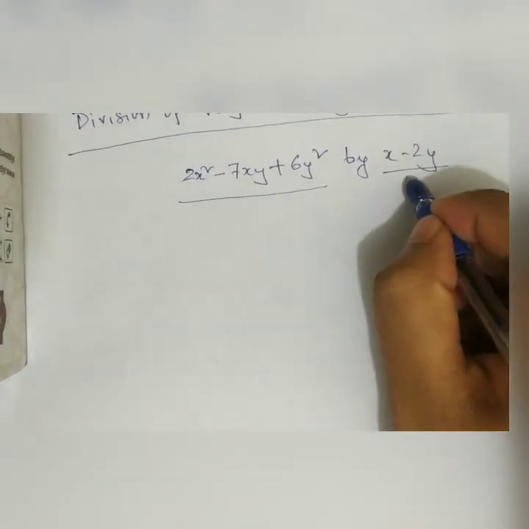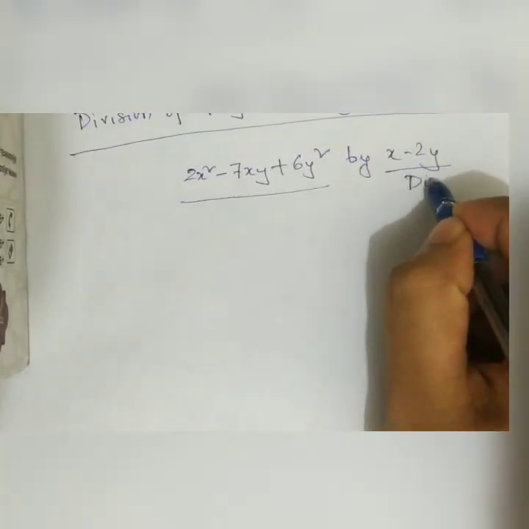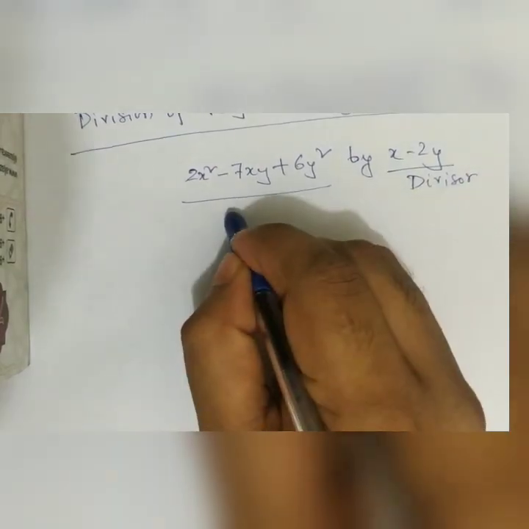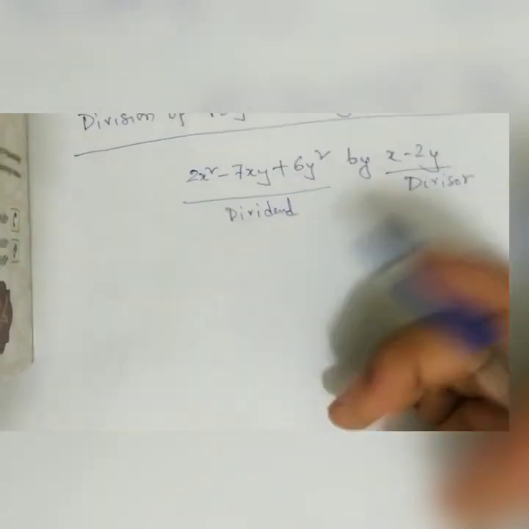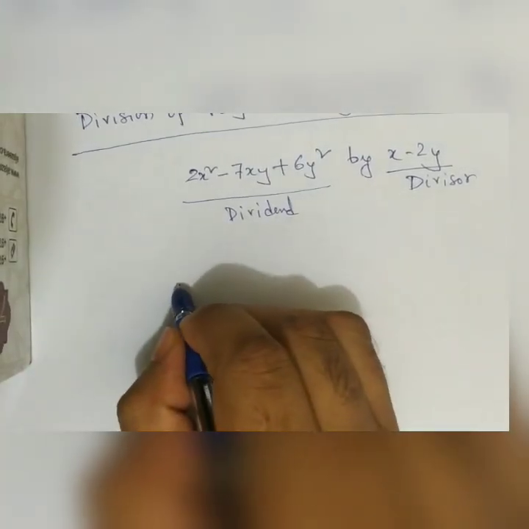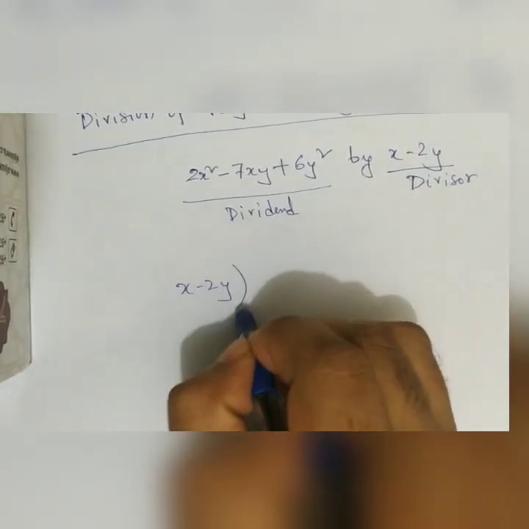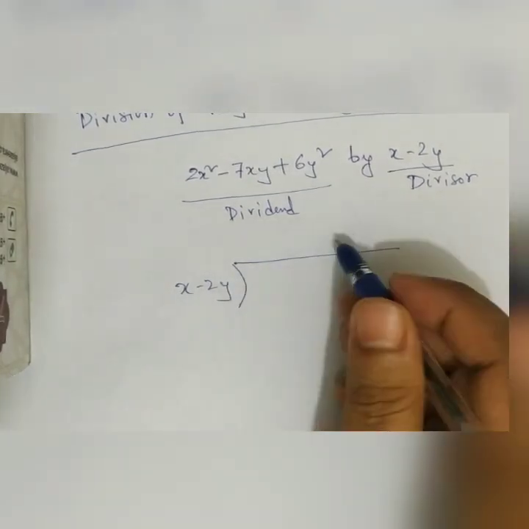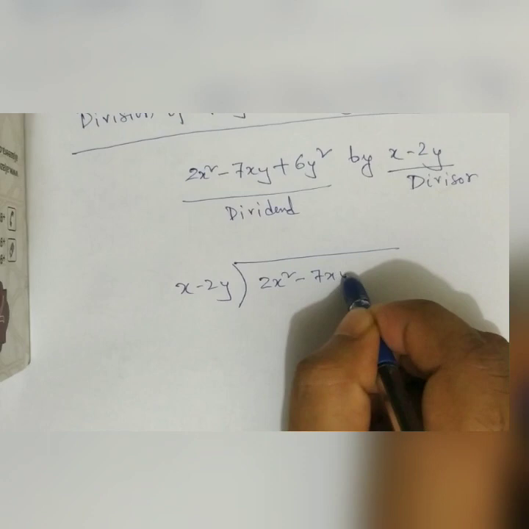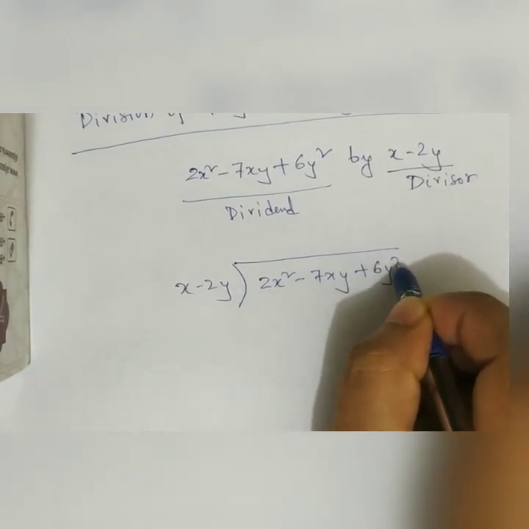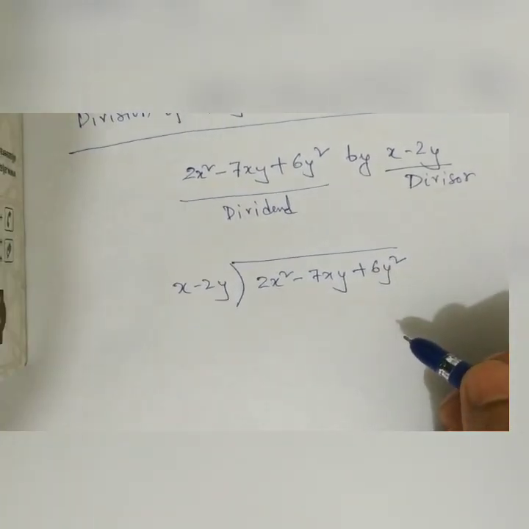So first of all, this is the divisor, right? And this is what? Dividend. So in normal division, what do we write? We write the divisor over here, x minus 2y. Like normal division, we will write the same thing, 2x square minus 7xy plus 6y square. So how to divide now?